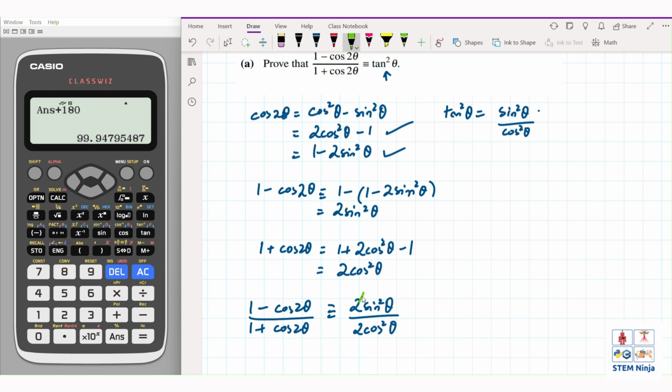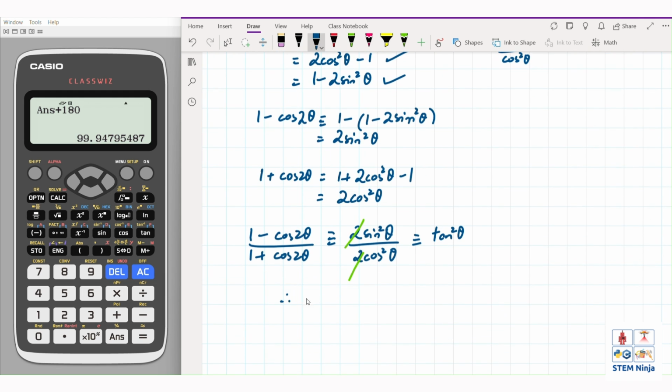And as you can see, 2 and 2 get cancelled, leaving us with just sine squared over cos squared, which is identical to tan squared theta. So therefore, left-hand side is identical to right-hand side.